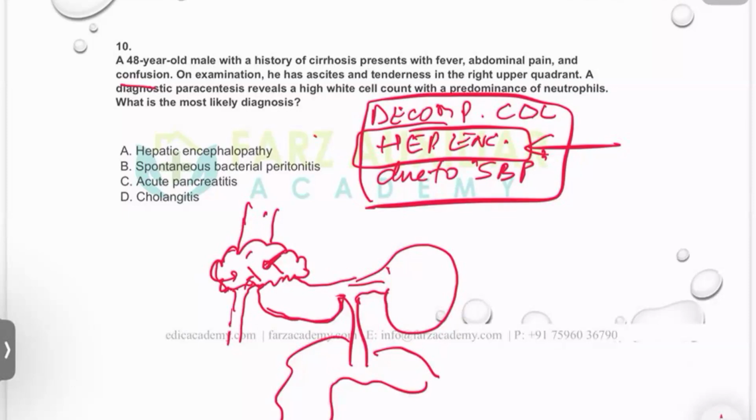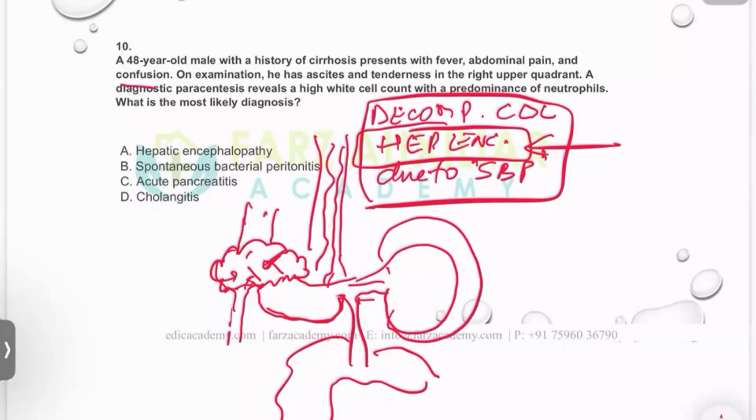Now, wherever this blood is coming into the portal vein from, the esophagus, these esophageal vessels, they drain into it. They also become inflated. The spleen also gets enlarged. The splenic vein also becomes big. The whole of the colon, whole of the intestine becomes edematous. Why? Because it is just like strangulating somebody.